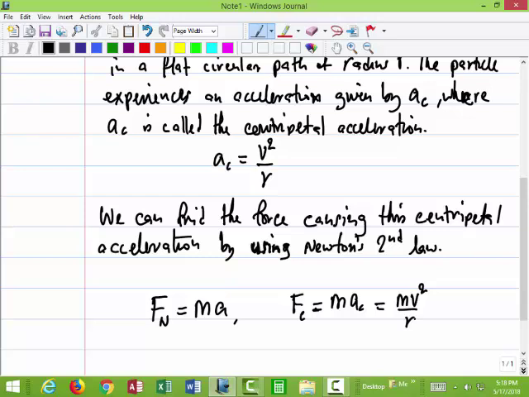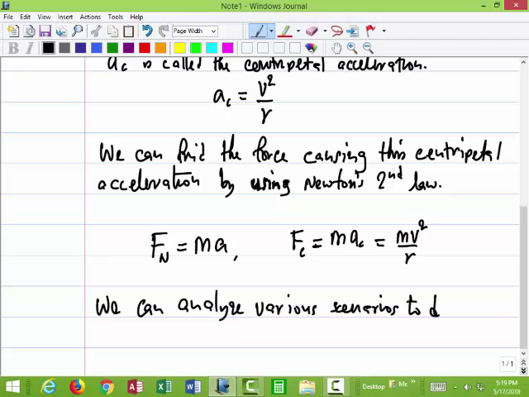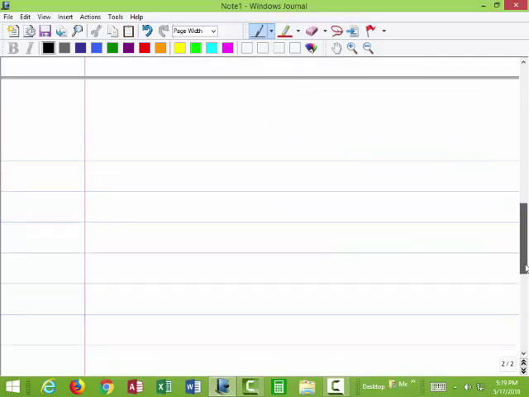So the centripetal force is mv squared over r. It only remains now to find what causes that centripetal force. We can analyze various scenarios to determine the centripetal force.